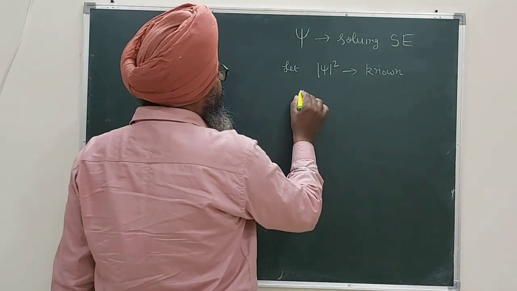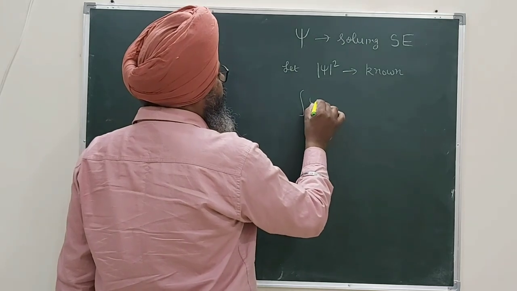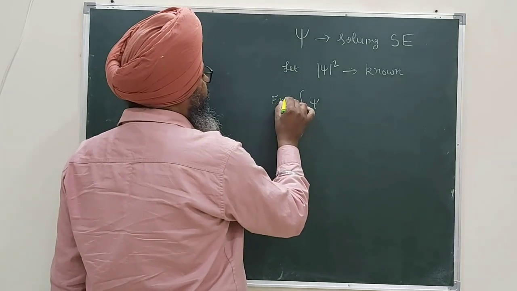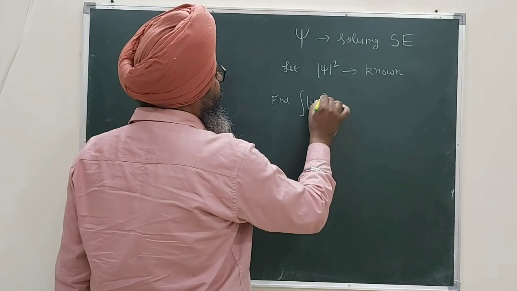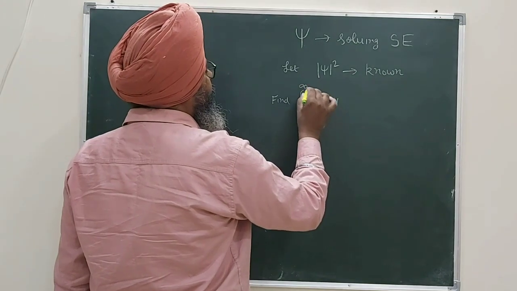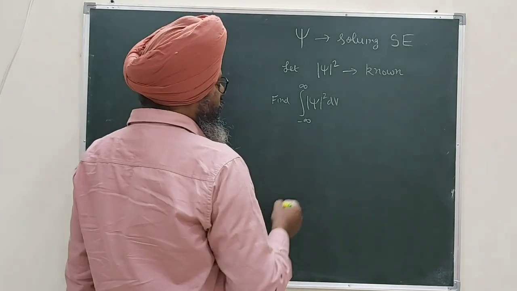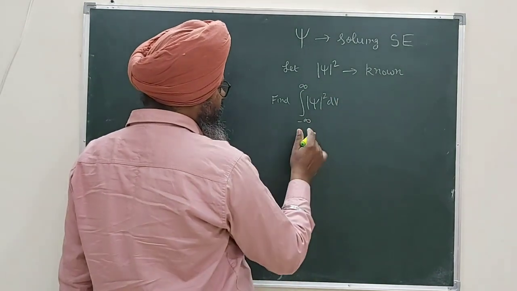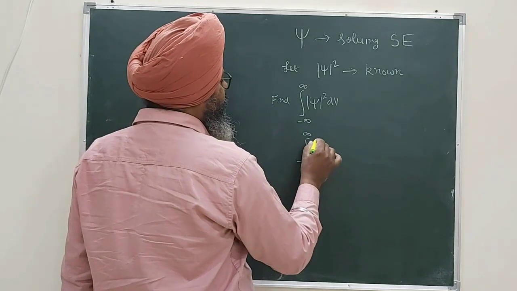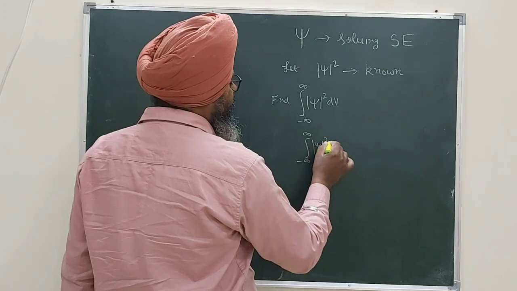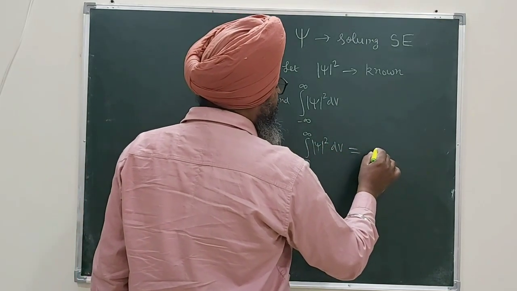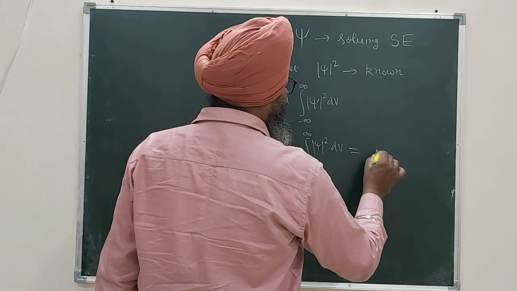Then what I will do, I would just find this value: integral of psi magnitude square dv from minus infinity to plus infinity. Suppose this integral of psi magnitude square dv from minus infinity to infinity comes out to be something, let us say n.